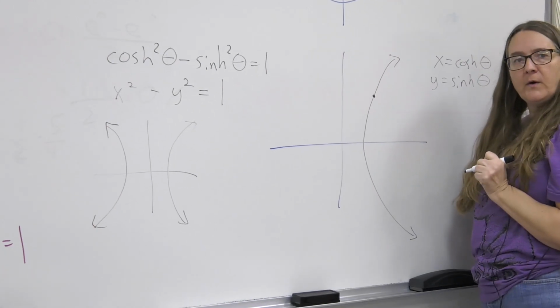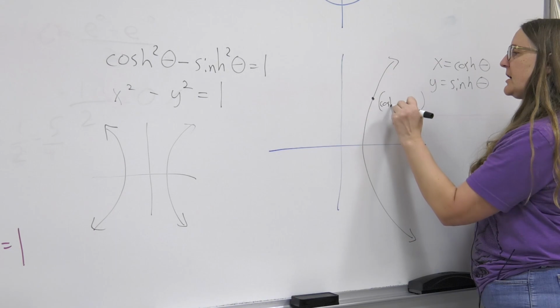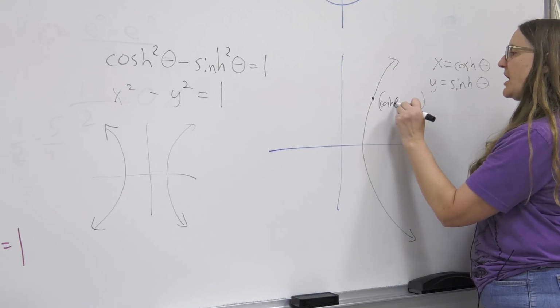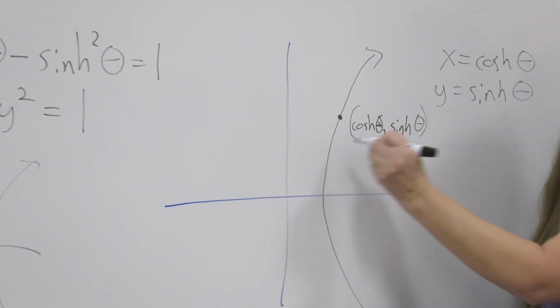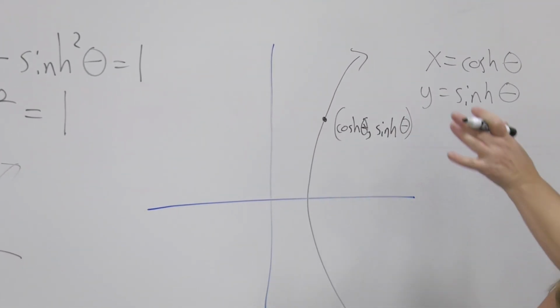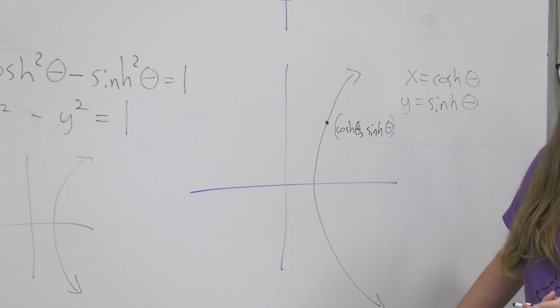So every point on the right half of the unit hyperbola can be described as its x value being cosh of some number and its y value being sinh of that same number. And that's why we call these things the hyperbolic trig functions.